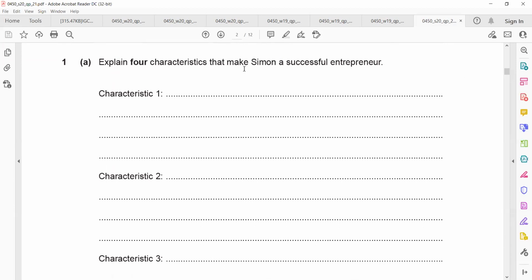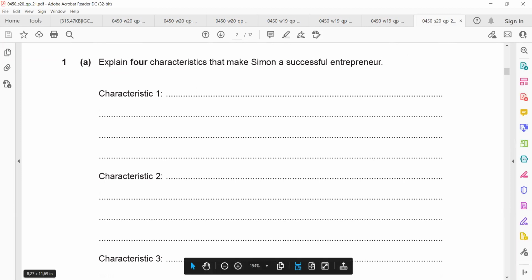This one will be for knowledge and for application because they are using information from the case. So you have to look at the information in the case. Let me show the case.